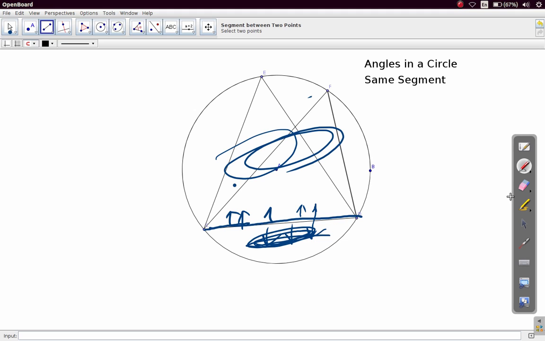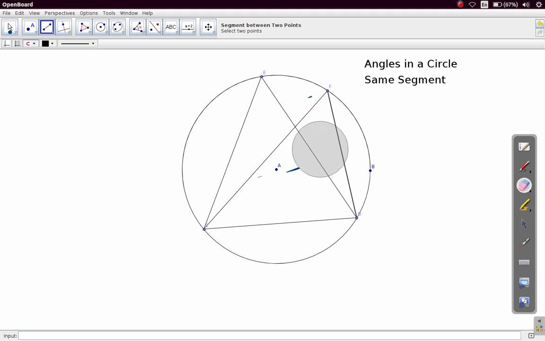That's what they're talking about. So this angle is lying within the top segment, and this angle is also lying within that big top segment there. Now, angles in the same segment of a circle are equal.